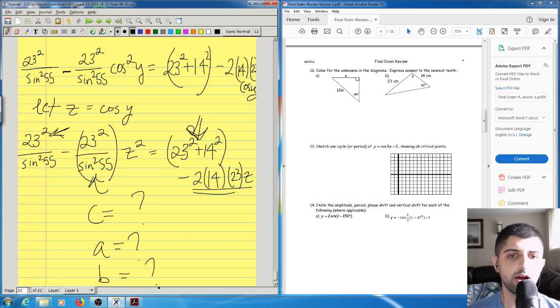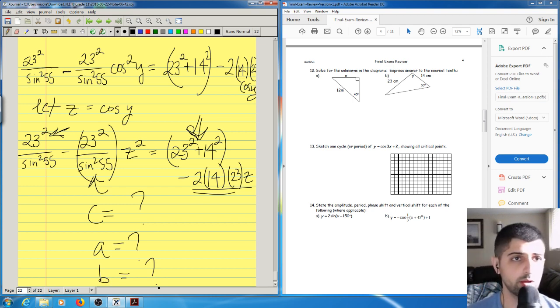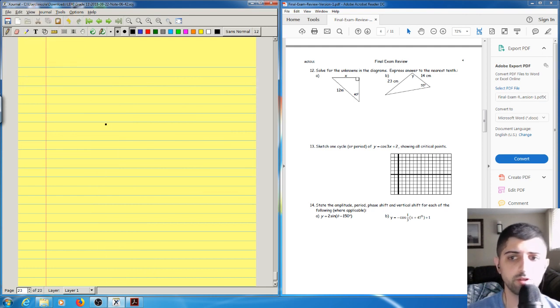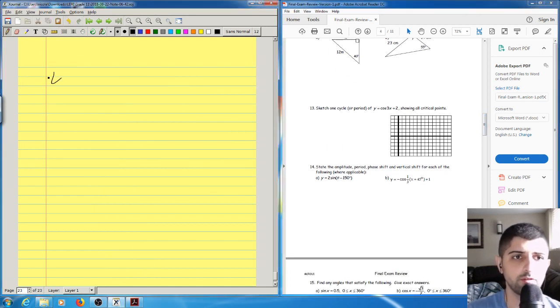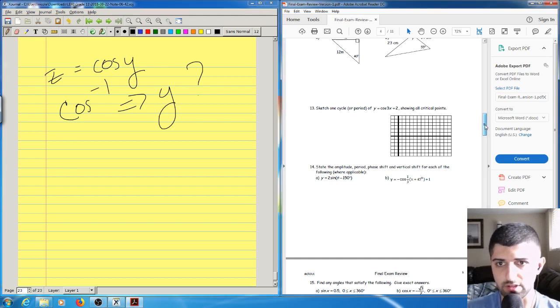Now I can solve this quadratic using any sort of quadratic solver, or you could use the quadratic formula, and then you can solve for z. Once you solve for z, that's equal to cosine y. Then you do inverse cos in your calculator, and you get y. And that's basically how you solve that problem.